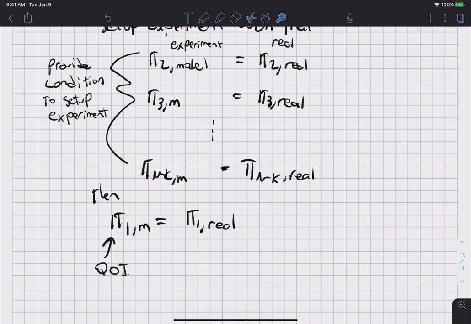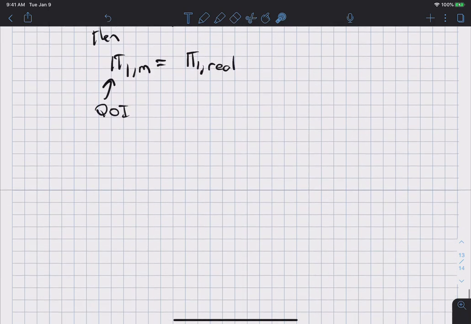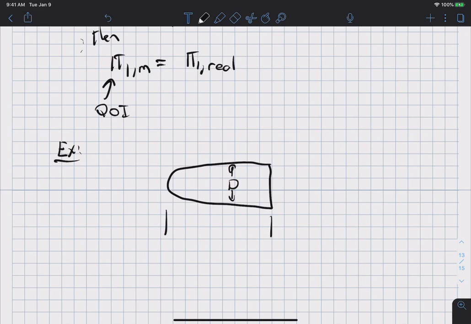And so I'm going to give a little example here. We have the strut on a bridge that looks something like this. It's of height d and of length h.